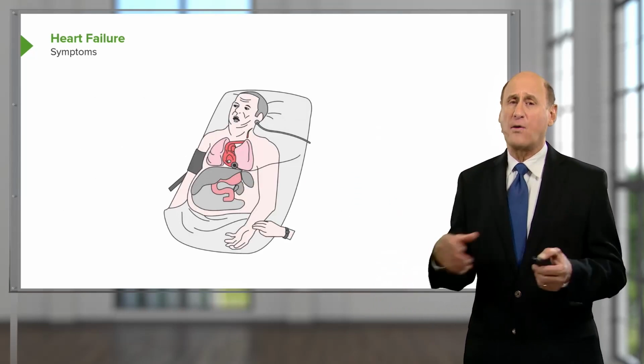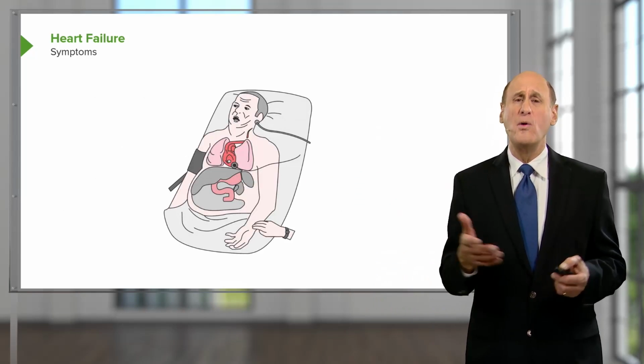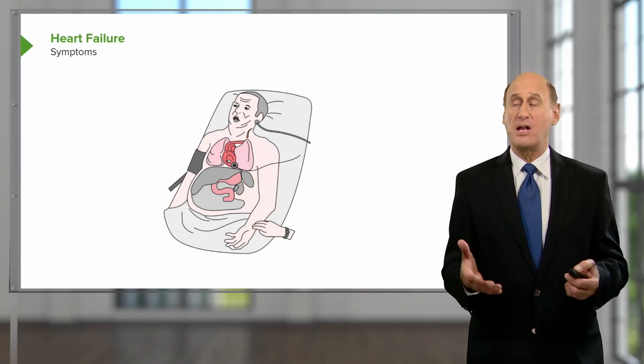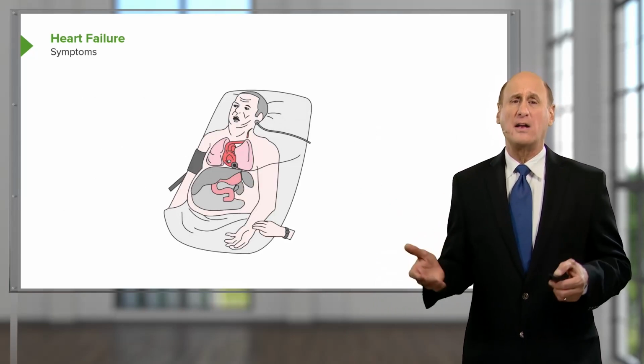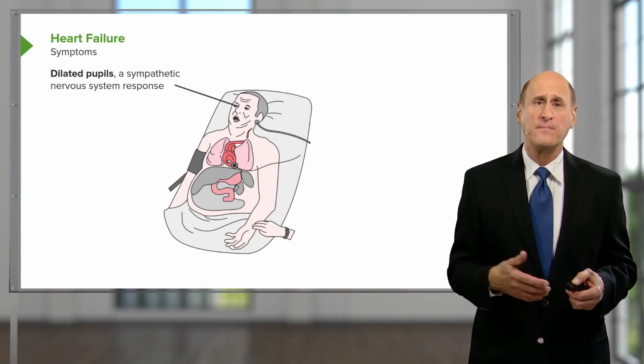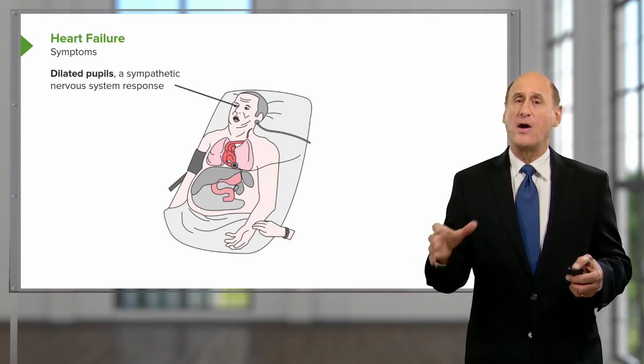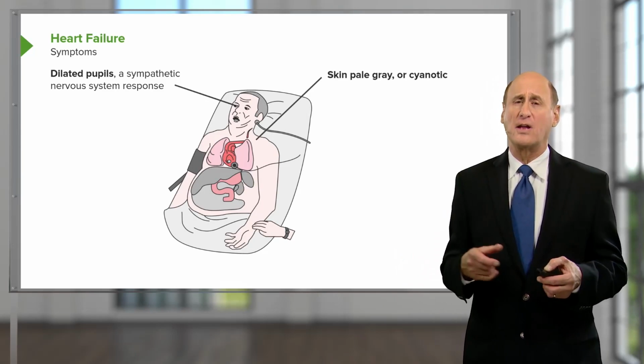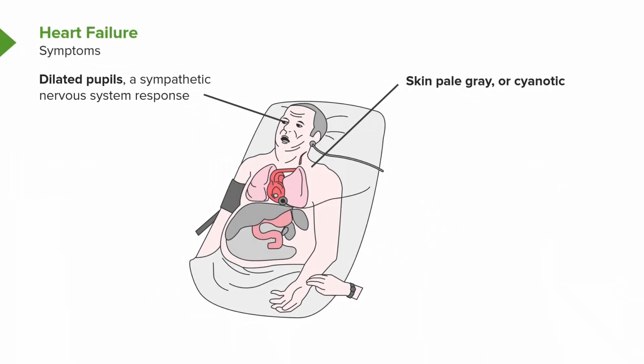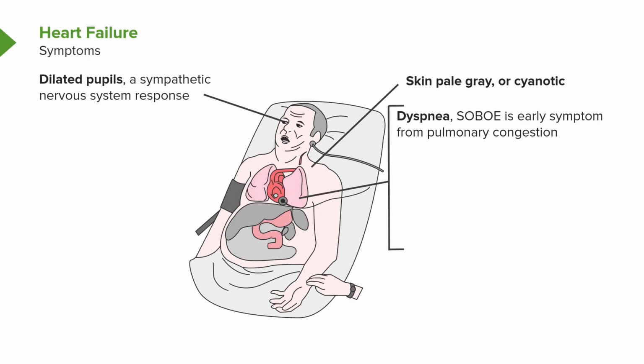So here's a few diagrams that just show you what the cardiologist sees when they see a patient, usually with very clear and significant heart failure. And you can see their pupils may be dilated from the adrenaline that's circulating. The skin may be gray or pale or even blue, cyanotic, and a whole bunch of things. They may be short of breath, breathing fast.